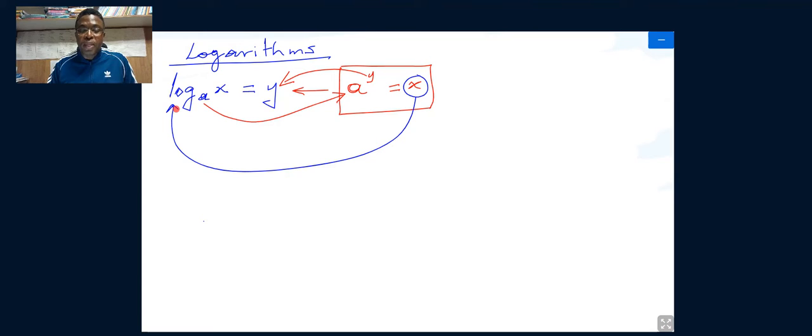We'll be doing logarithmic functions too. They go hand in hand. All right. So I just want to demonstrate a log form and an exponential form.